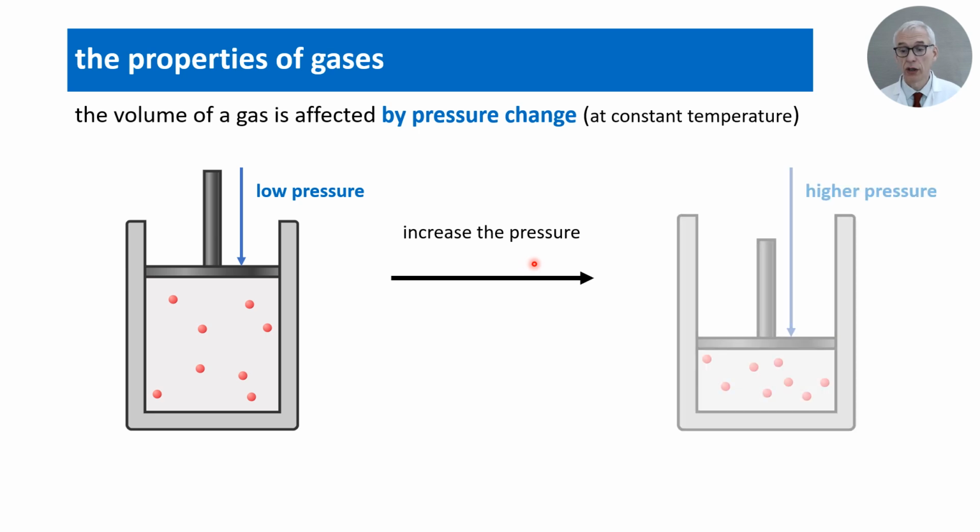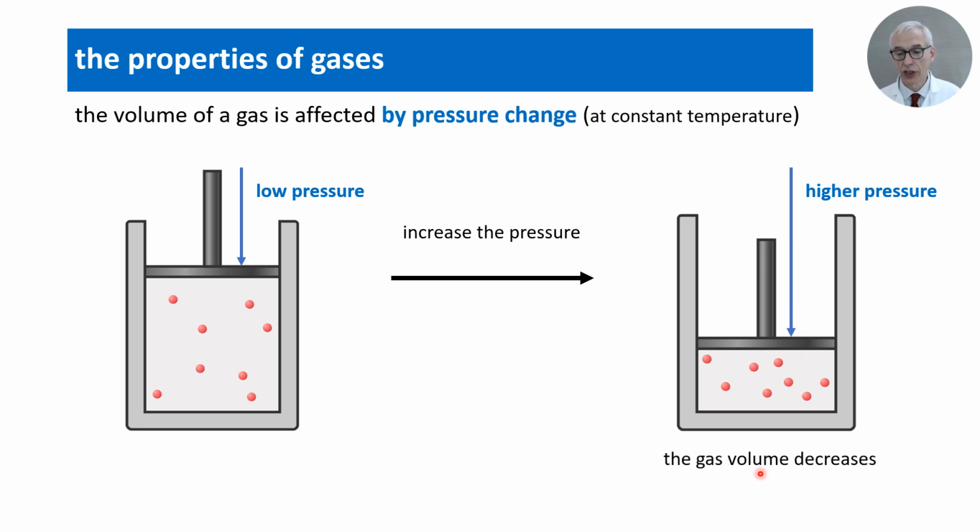Okay, so my diagram would look like this. At a higher pressure, the volume would be decreased. The particles would be closer together. So two observations: at a higher pressure, the volume decreases and the particles are closer together.